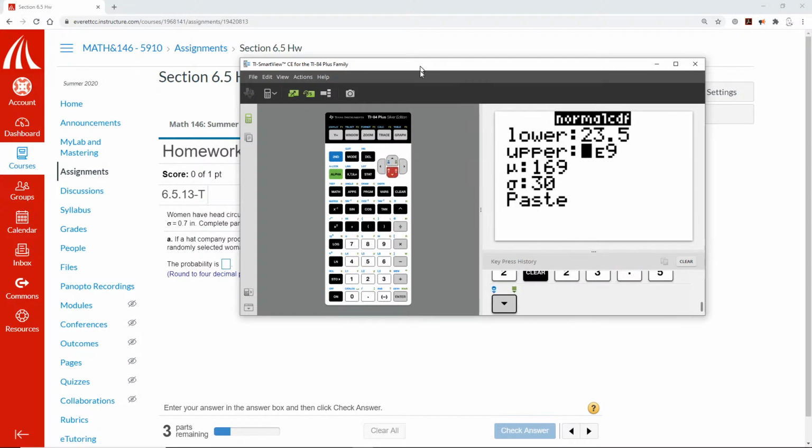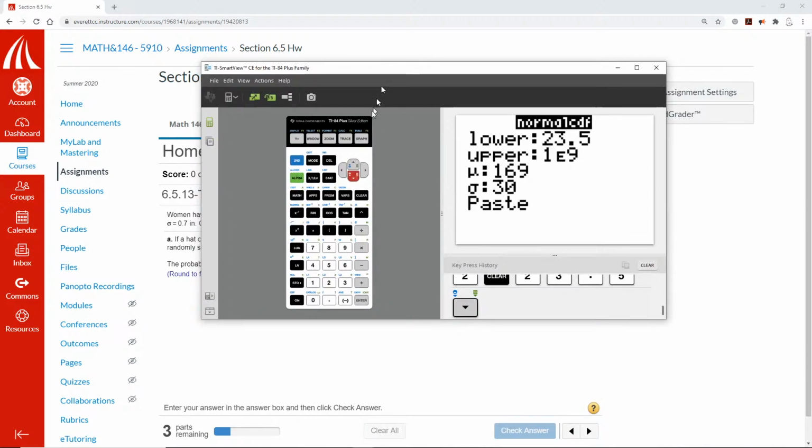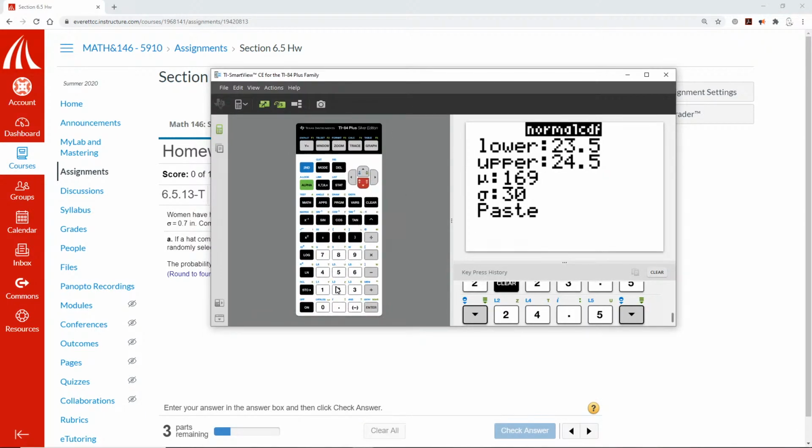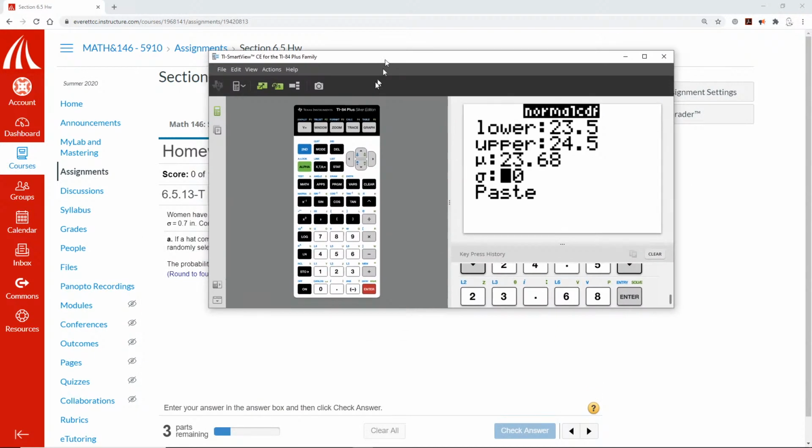What's my upper bound? 24.5. What's my mean? 23.68. My standard deviation is 0.7.